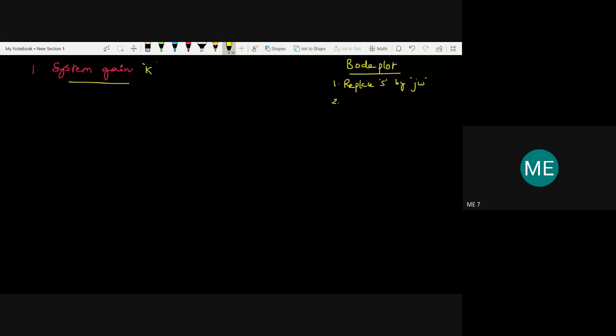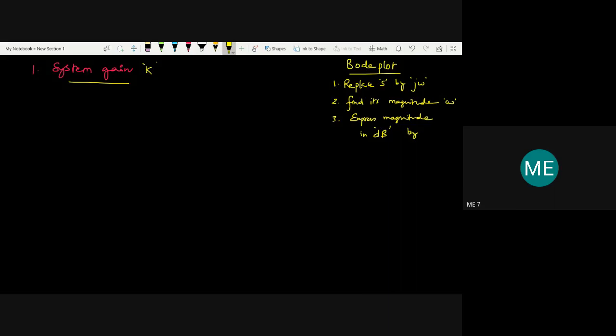Second, find its magnitude. After replacing it, find the magnitude in terms of omega. Then third, express the magnitude in decibels.